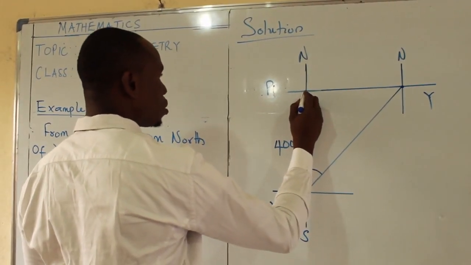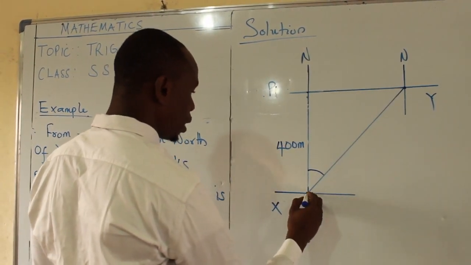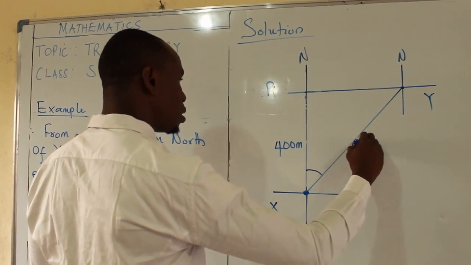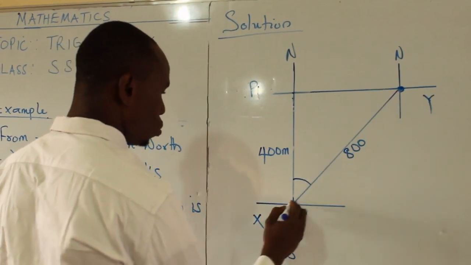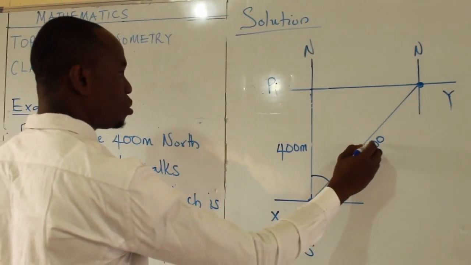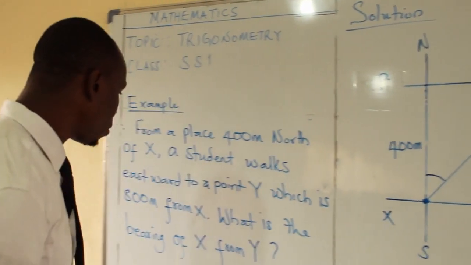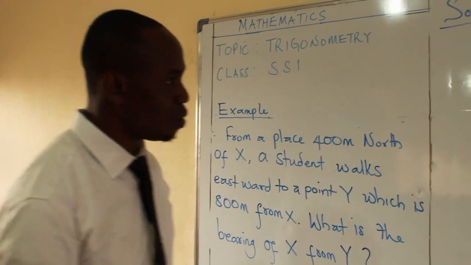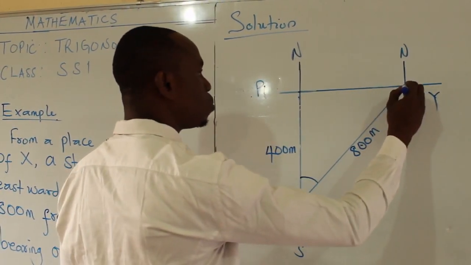So the student walked eastward to a point Y, which is 800 meters from this point, that is X. So the distance from the place where he has walked to this point X is set to be 800 meters. The question now is, what is the bearing of X from Y?